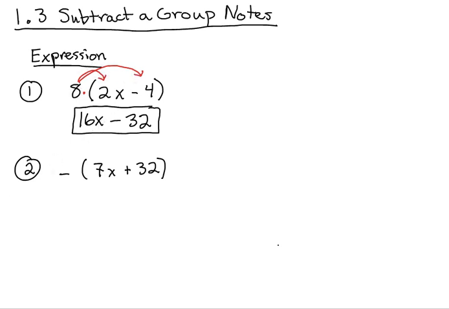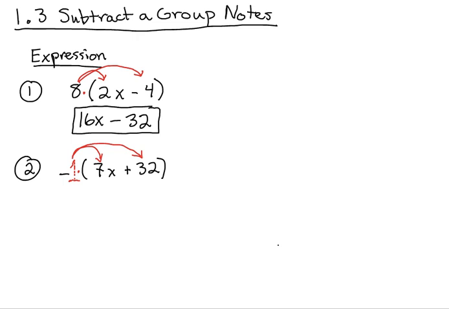So this second one is also that, but what's hiding here, like that multiplication was hiding, is a 1. It's not a 1, it's a negative 1, and that's being multiplied. So that's what's going to be distributed: times a negative 1 to both of these terms.